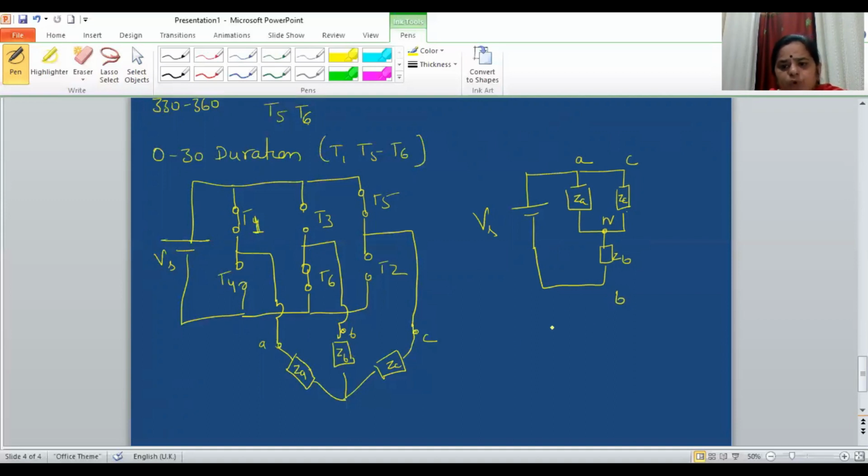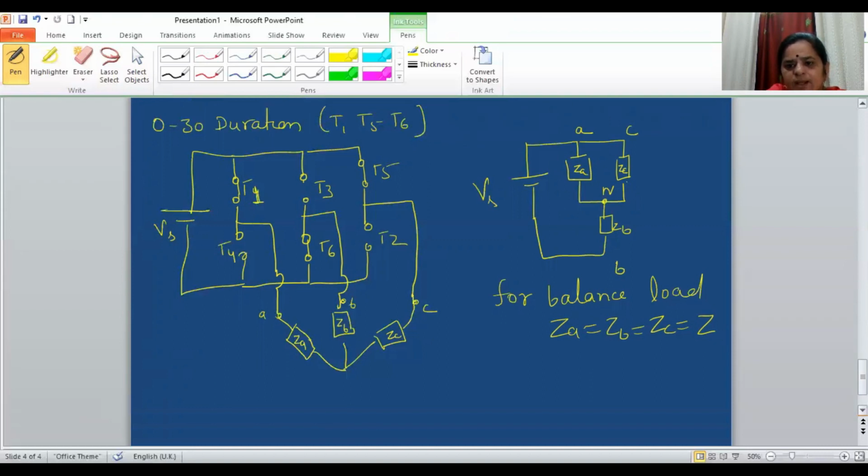Now, if I want to determine for balanced load, your ZA is equal to ZB is equal to ZC, and that is equal to Z. So the circuit we can make like this. So the above circuit I can draw like this.